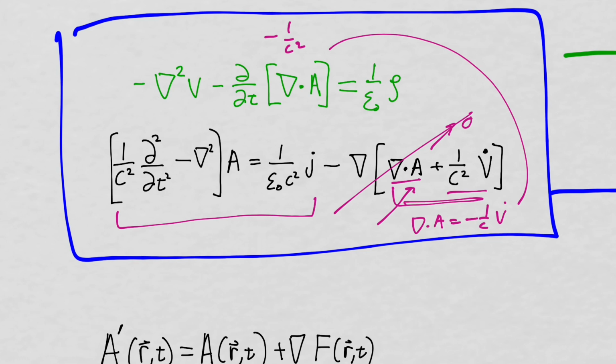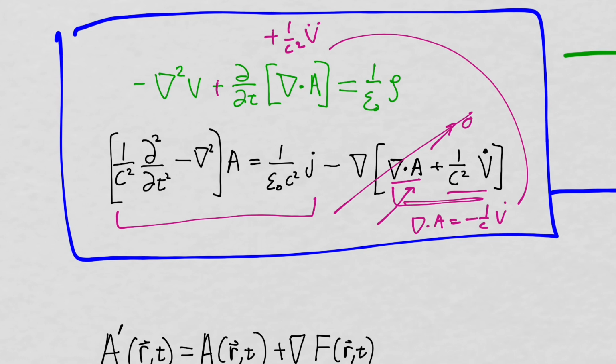It would end up being a plus, right? This would cancel with that. You'd end up with plus 1 over c squared V double dot, right? And that there is exactly the same as this operator, right? It's the Laplacian and the second time derivative coming in at the opposite sign. So now I have a wave equation for V also.